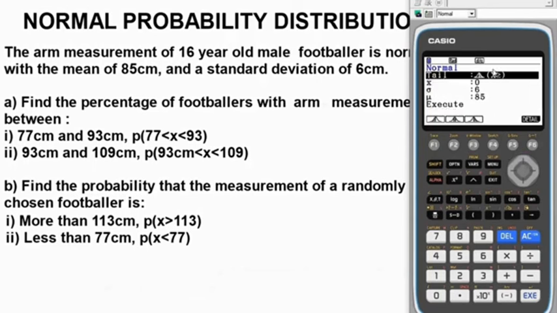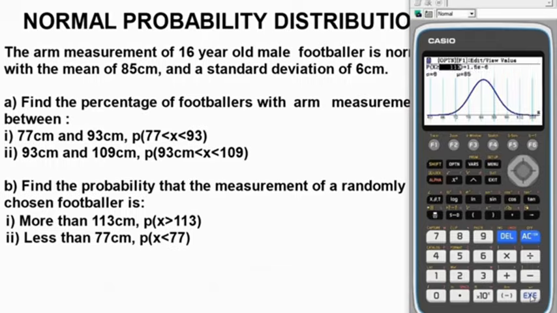Now you see x is greater than or equal to. Okay, now having done this, let's go ahead and put our x value. X value was 113. Okay, so the standard deviation is the same and the mean is still the same. That's a prerequisite. So it will display the answer.